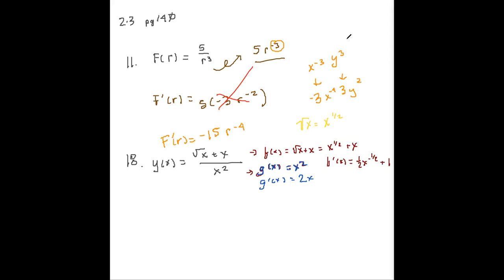Okay, so now we need to set this up as a quotient rule. We know that the quotient rule is of the form, we have f over g prime is equal to g f prime minus f g prime over g squared.